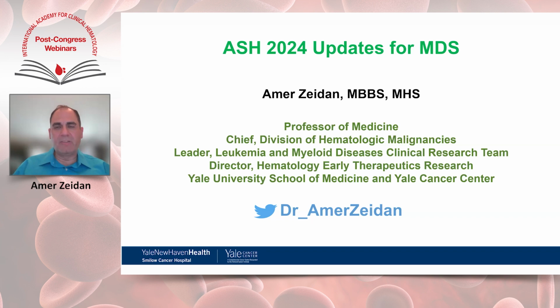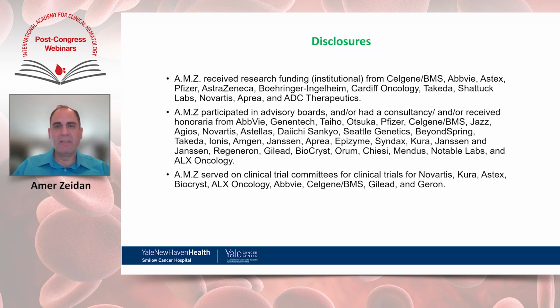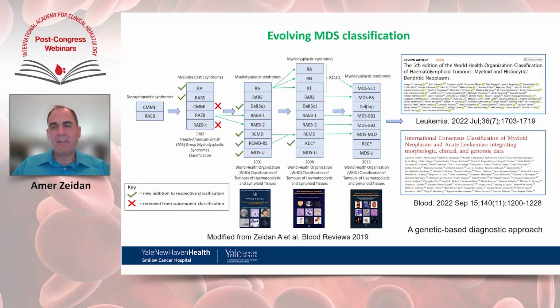So usually the way I like to do this is to put it in the context of what we currently know about the disease and how some of these abstracts fit in the classification, risk stratification, and management. So these are my disclosures, and I'm going to start with the classification updates and then go to low risk MDS and then high risk MDS in that order.